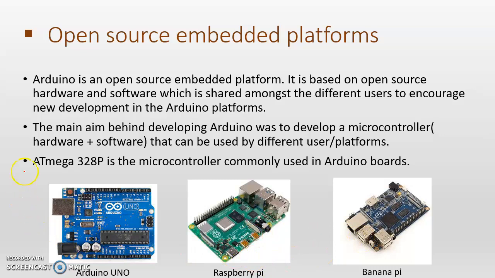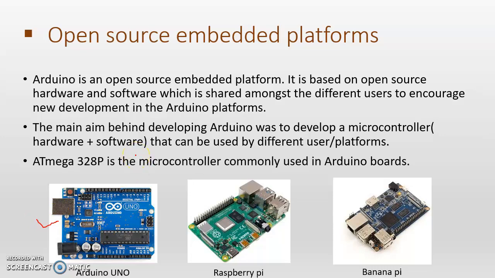Arduino also uses a microcontroller. It is an open source embedded platform based on open source hardware and software, which are shared among different users to encourage new development in the Arduino platform. It contains the hardware which I have shown here, the Arduino hardware plus software.